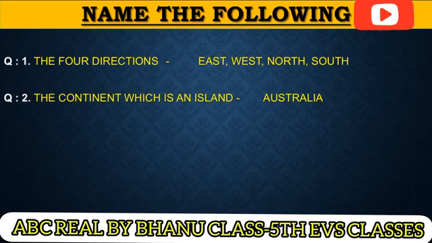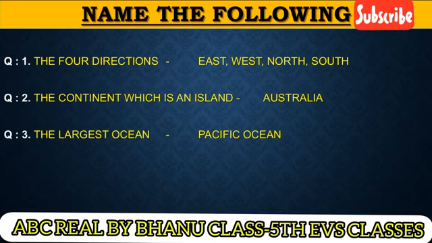So this is the major difference between island and peninsula, that island is covered by water from all the sides, whereas peninsula is covered by water from only 3 sides. So answer of this question is Australia, because Australia is covered by water from all its sides and it is also a continent.